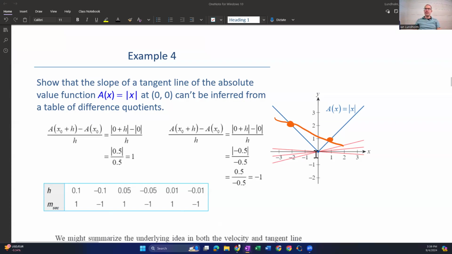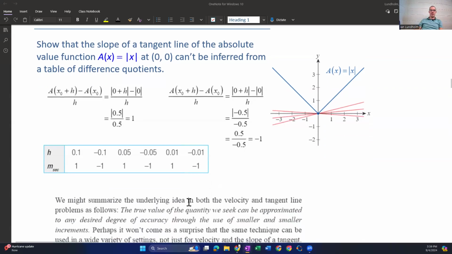This is something we're going to later call non-differentiable. The derivative doesn't exist at this point because it doesn't follow a nice smooth path. We wouldn't be able to estimate the slope here because we come at this from two very different perspectives. So I'm going to erase this secant line. It's silly, but the slope here can't be inferred by a table of difference quotients.